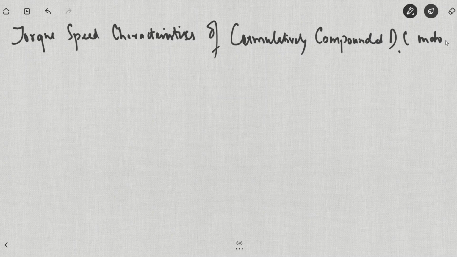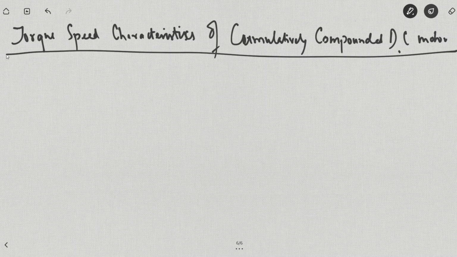So we'll be doing the torque speed characteristics of a differentially compounded DC motor and the torque speed characteristics of a cumulatively compounded DC motor.